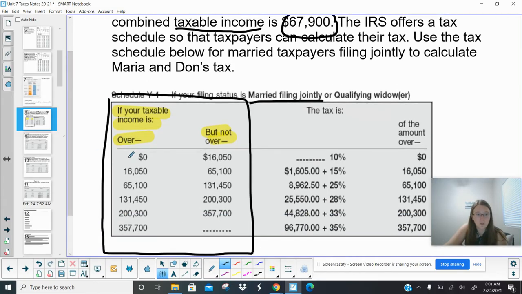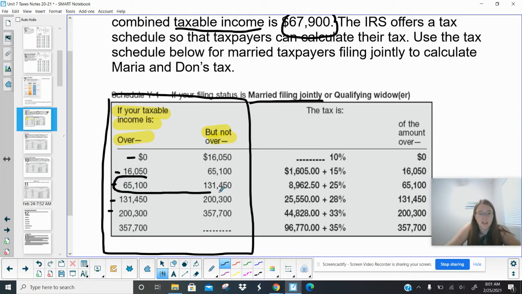So for 67,900, we need to look this way. So row 1, row 2, row 3, row 4, or 5, we're looking this way for what two numbers it's in between. So 67,900, see if you can tell, we have first row, second row, third row, fourth, fifth, and sixth. Which row are we going to be looking at because it's between those two numbers?